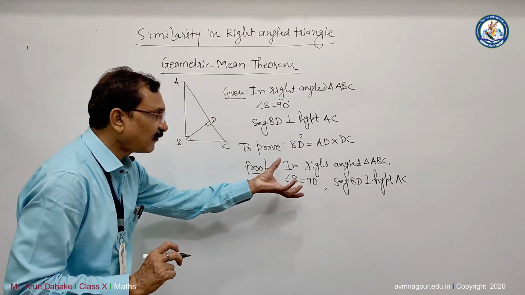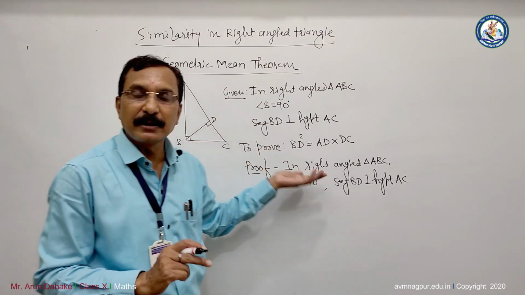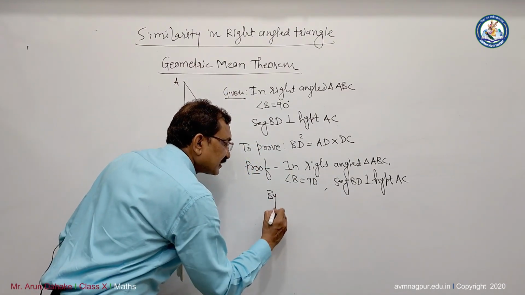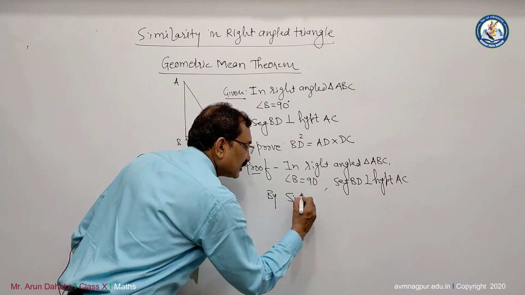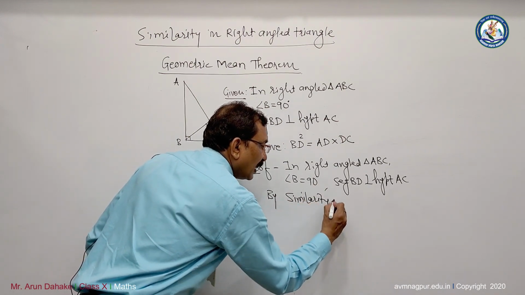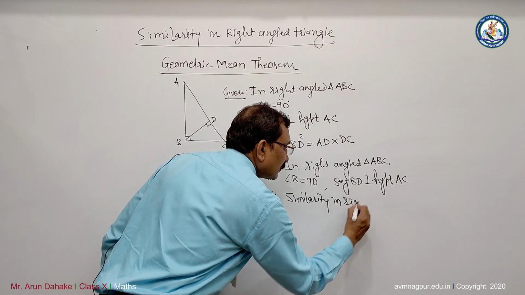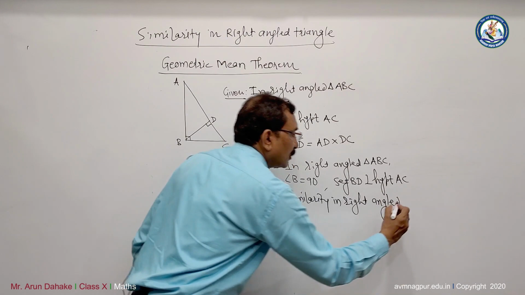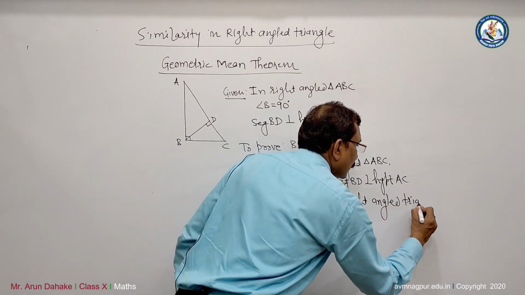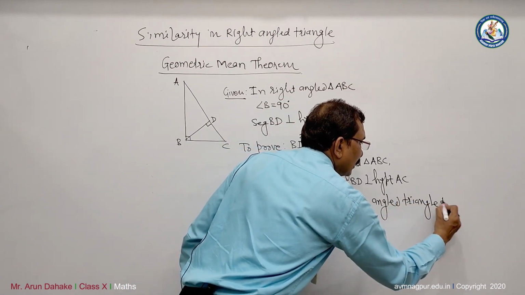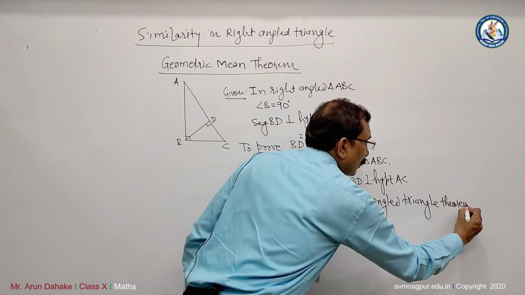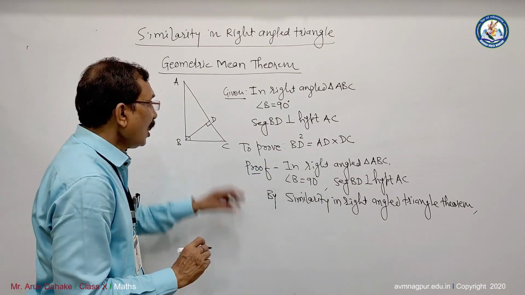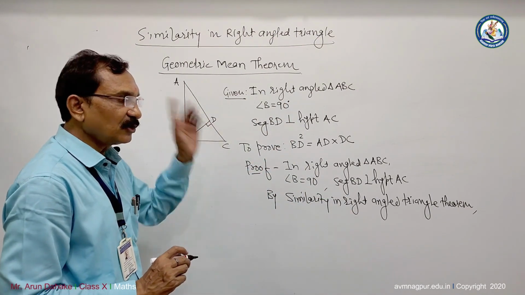This is the condition for similarity in right angle triangle. So by the similarity in right angle triangle theorem, all three triangles are similar to each other.